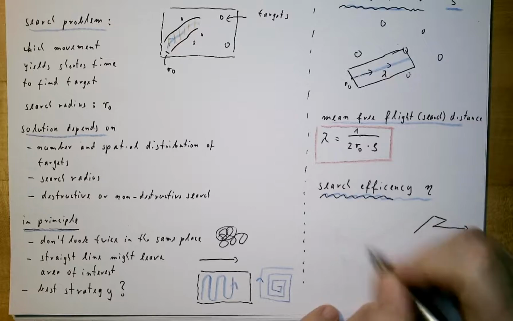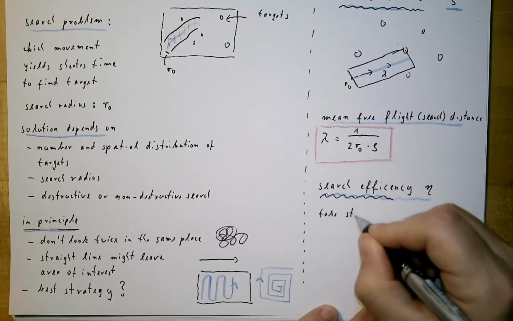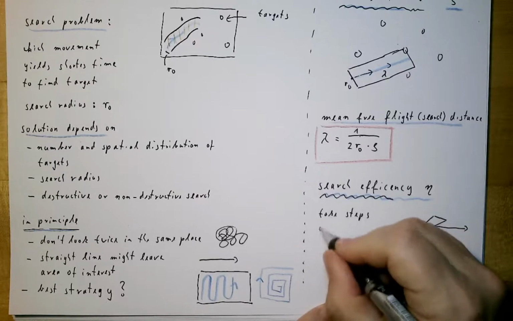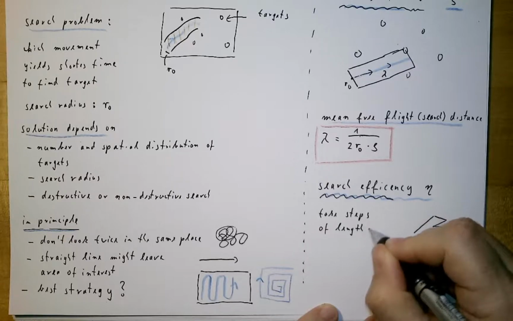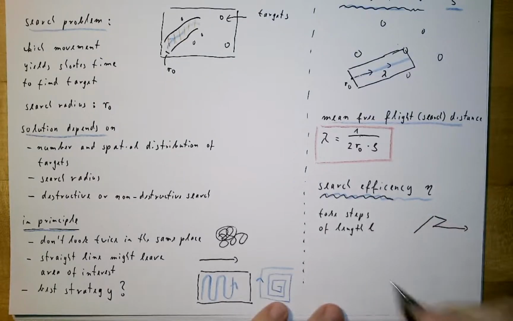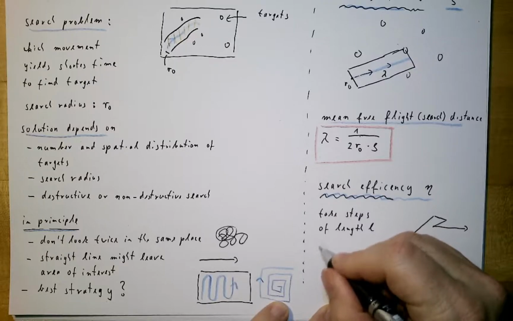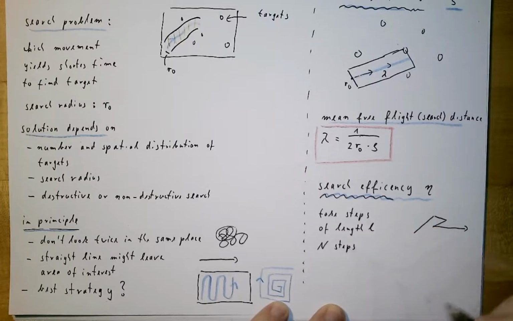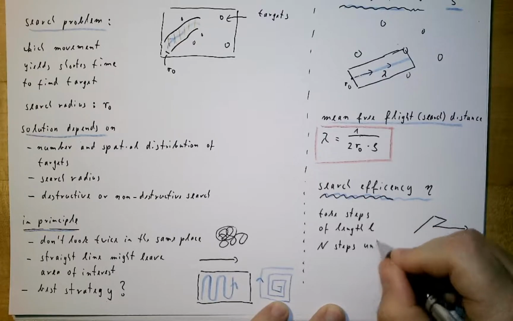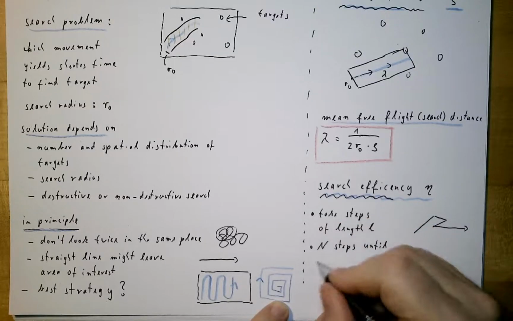So we take steps of length L, and then we ask how many steps n we need until the target is found.